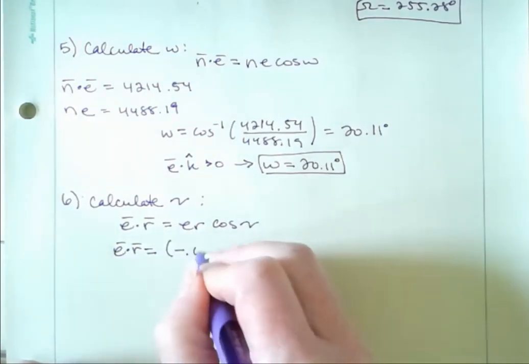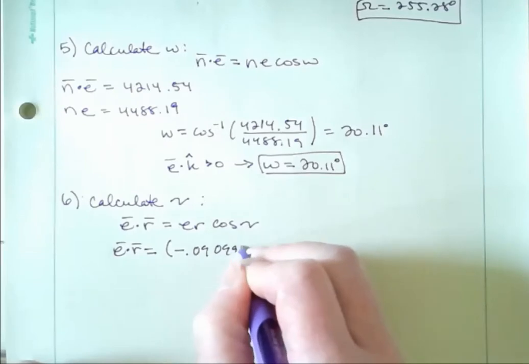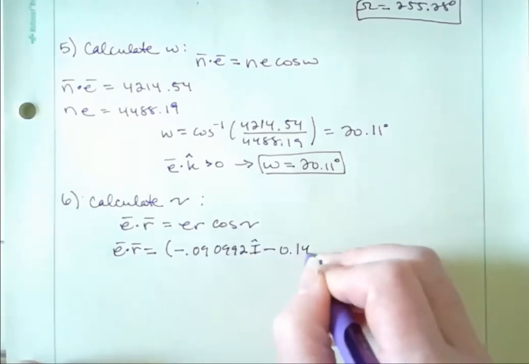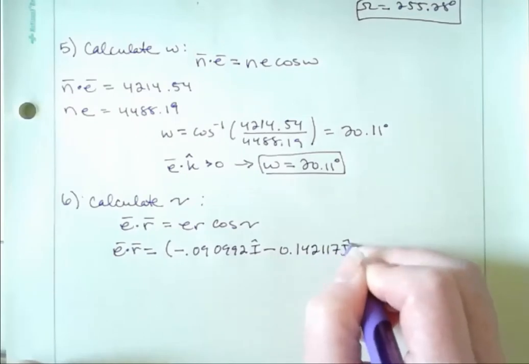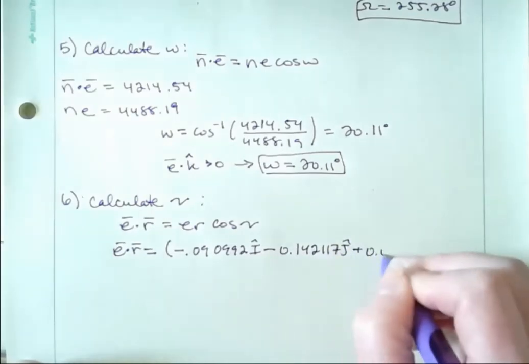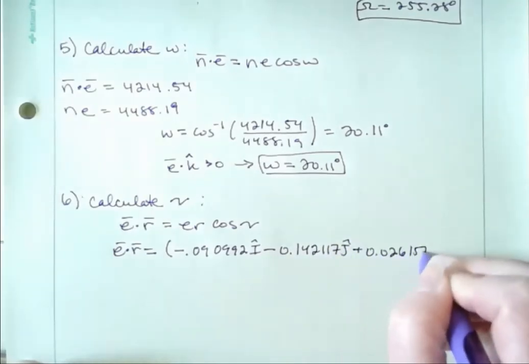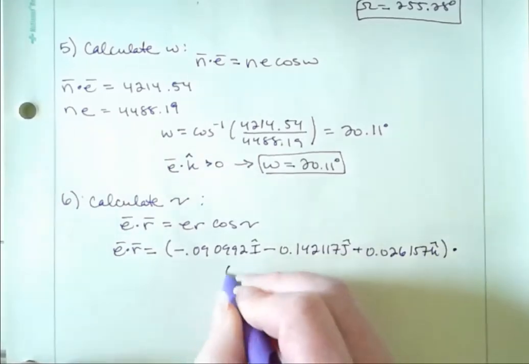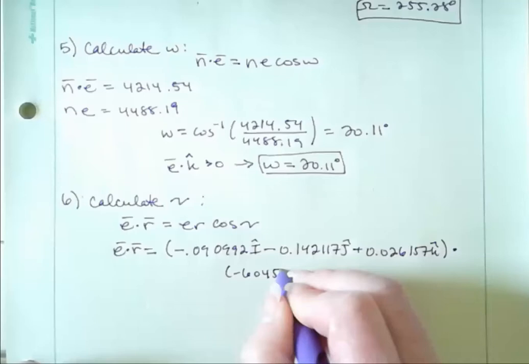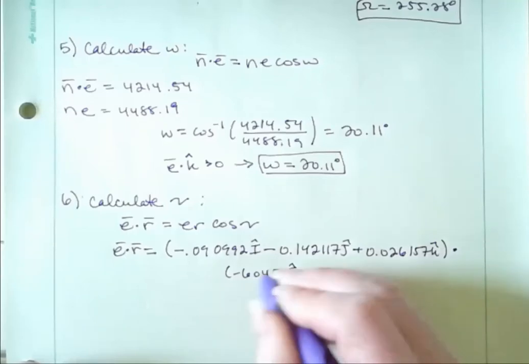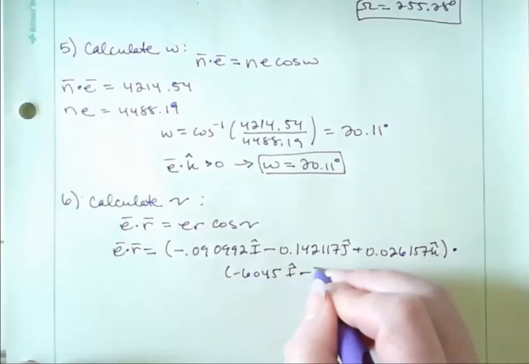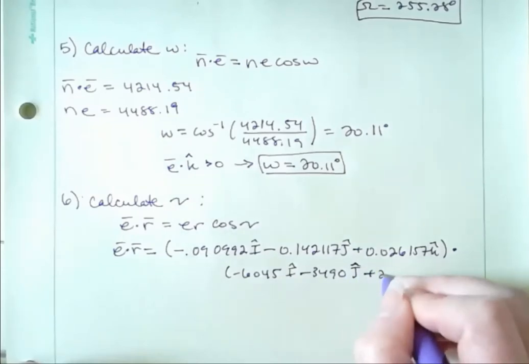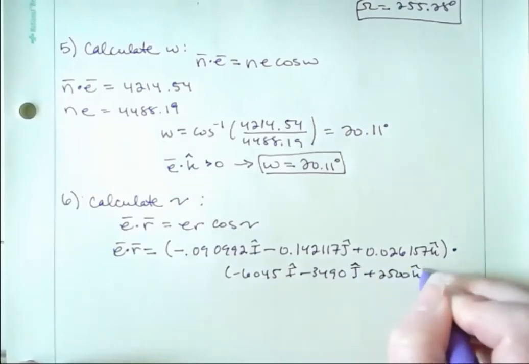So we're going to have negative 0.090992 I minus 0.142117 J plus 0.026157 K, and then dot that with R. I don't know why I'm writing all this out. You guys already know what these are. So R was negative 6045 I, and then minus 3490 J plus 2500 K.